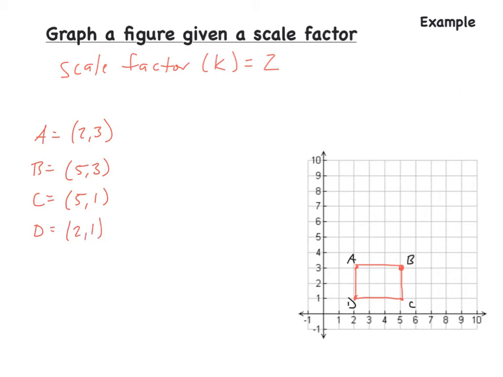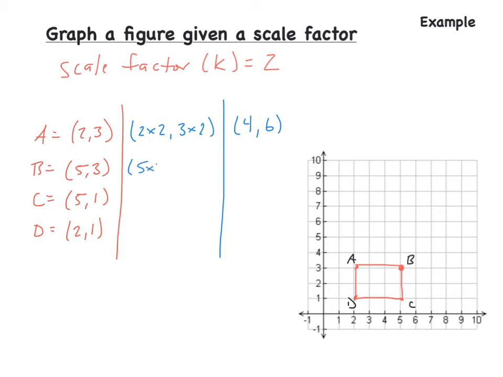Second step, multiply all of the points by the scale factor. So we'll do 2 times 2, 3 times 2. When we do that, 2 times 2 is 4, 3 times 2 is 6. Now with B, we do 5 times 2, 3 times 2. 5 times 2 is 10, 3 times 2 is 6.